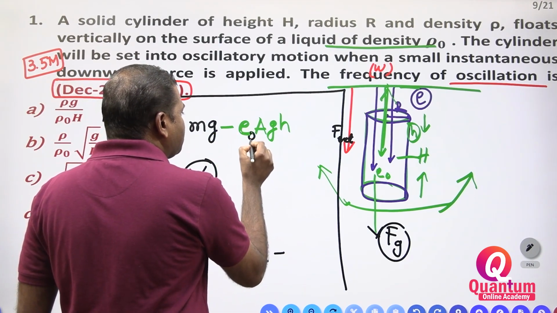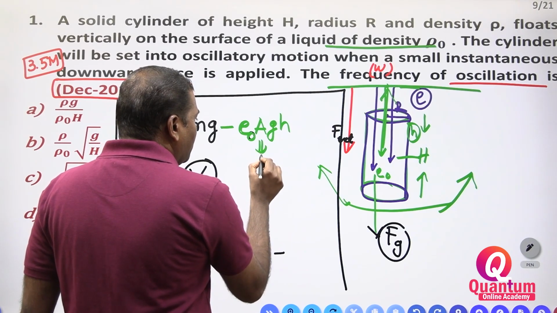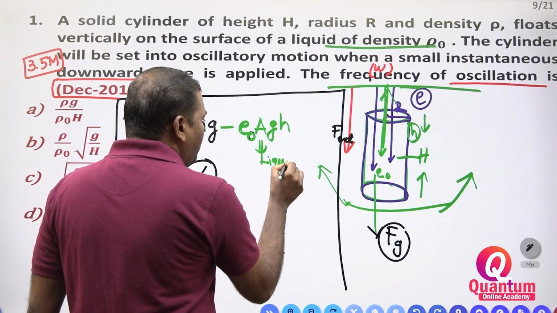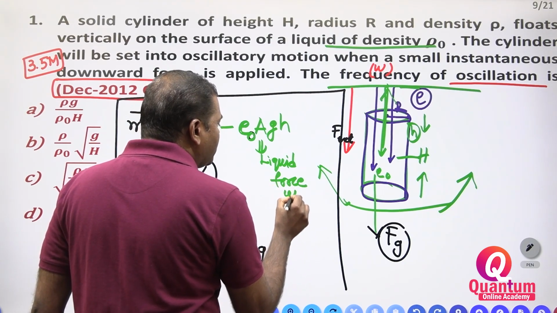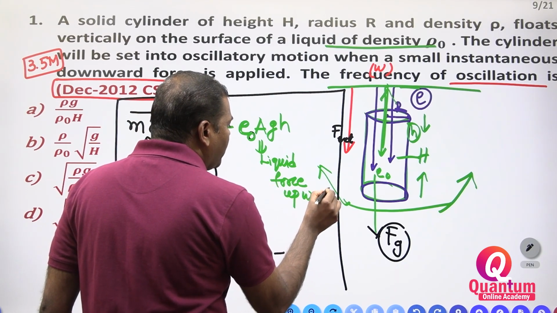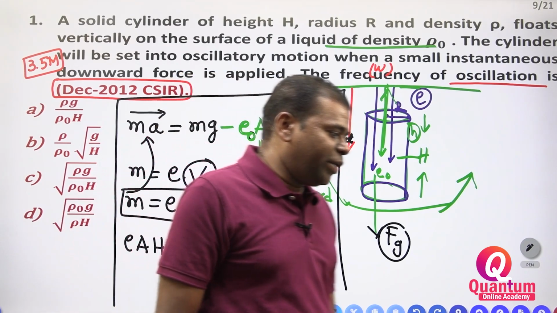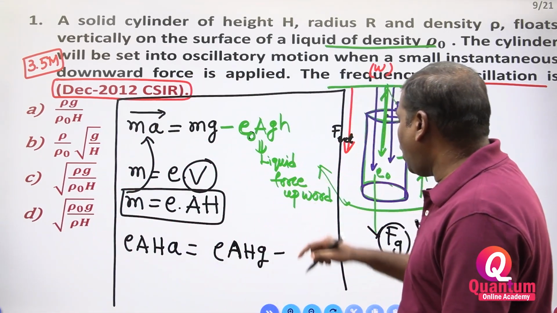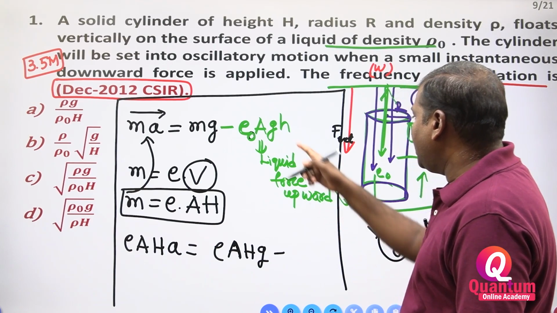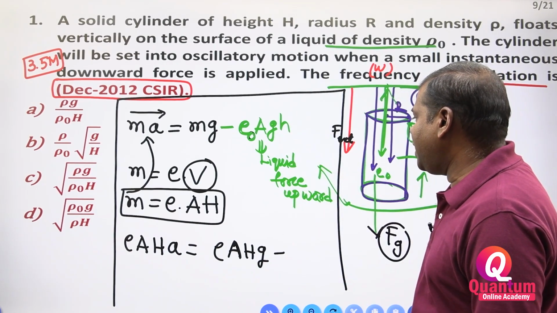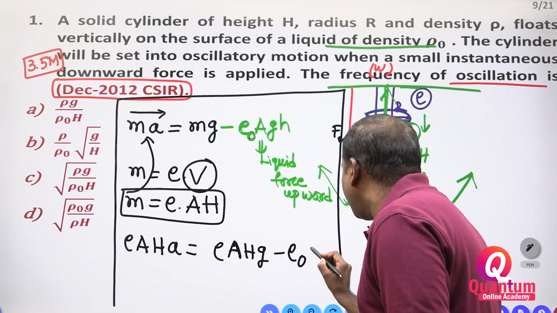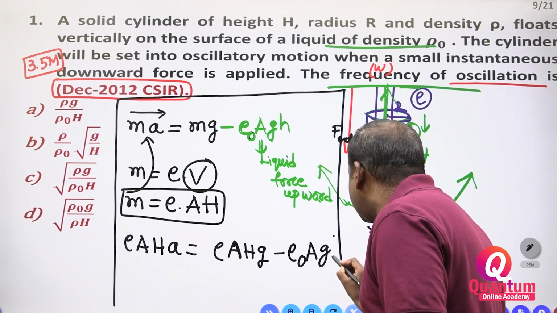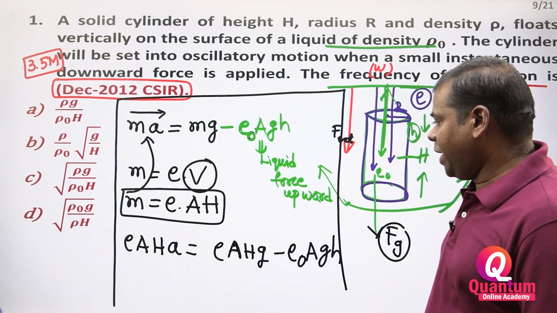This part belongs to the liquid force, upward side. Liquid force, you have to take upward. That's why you consider rho naught A g h, here rho naught A g small h we have to take.